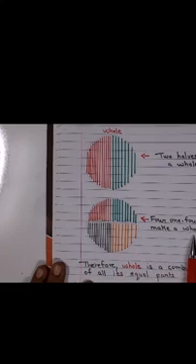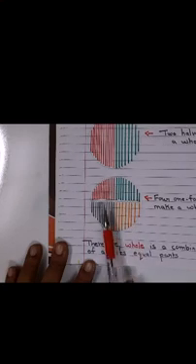So that makes a whole. Therefore, a whole is a combination of all its equal parts. When you add all these, you get the whole. So this is how we represent a fraction.